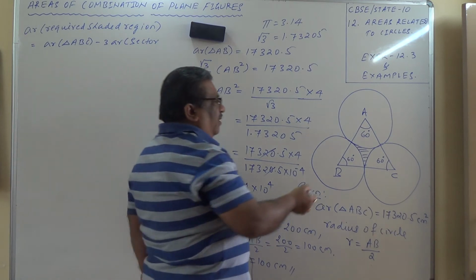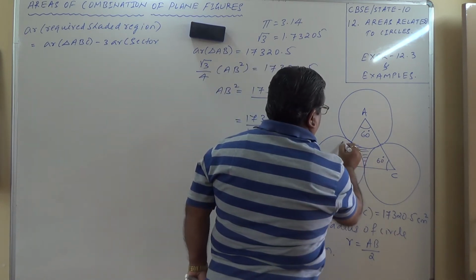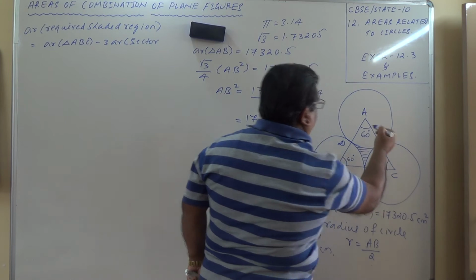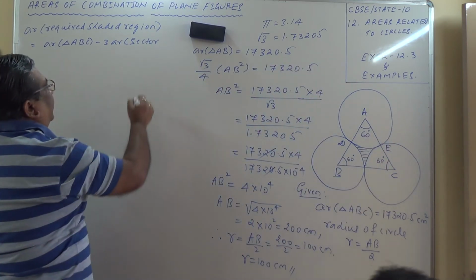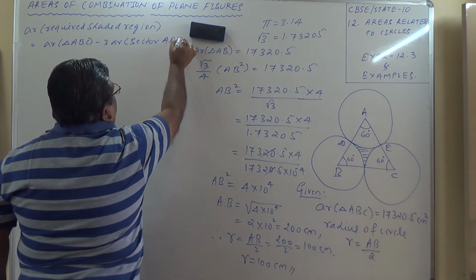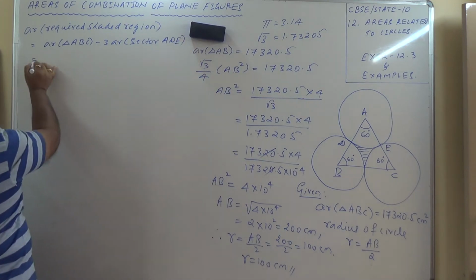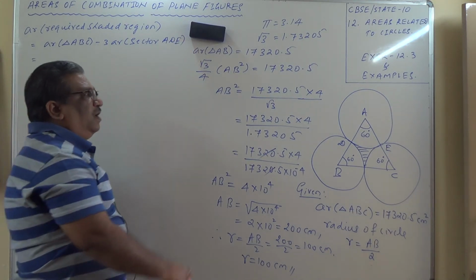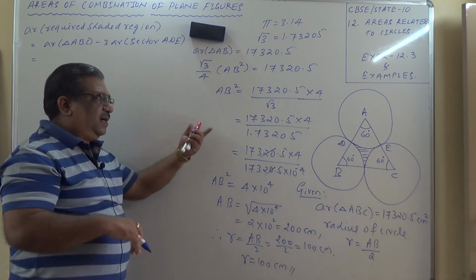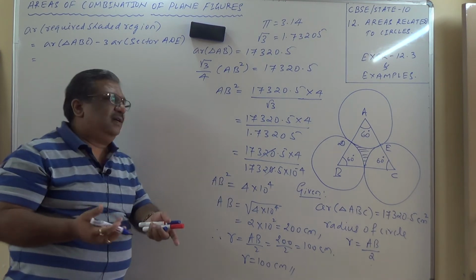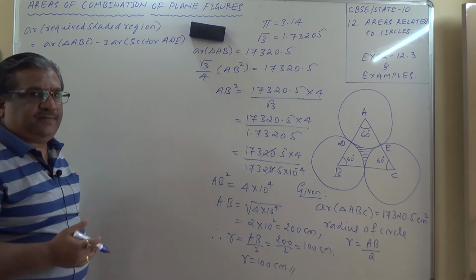If you want to name, I can name this as A, B, C, D and E. So 3 times area of the sector ADE, we'll write it. All the 3 sectors are same there. So from the triangle, if I subtract 3 times the area of one sector, then that gives the area of the shaded region.